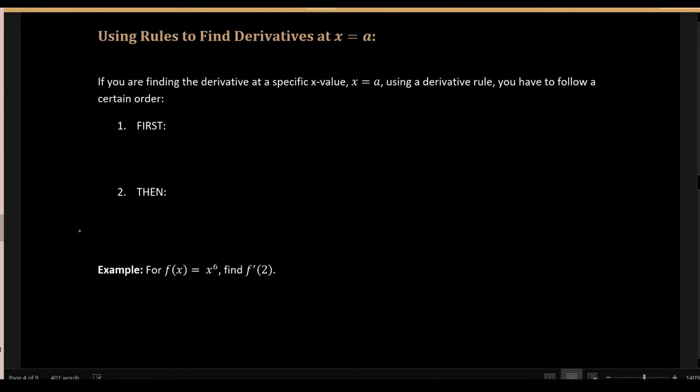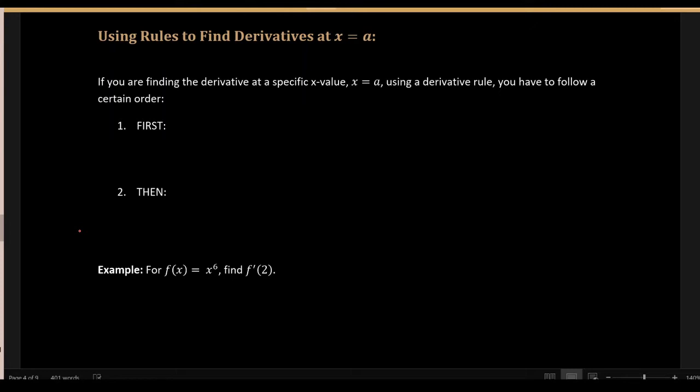Now suppose that instead of being asked to find the derivative function, f prime of x, you're being asked to find the value of the derivative at a specific location, f prime at a. You need to be a little bit careful when you're asked to do something like that. Because if you're using the derivative rules, you have to do things in a specific order.